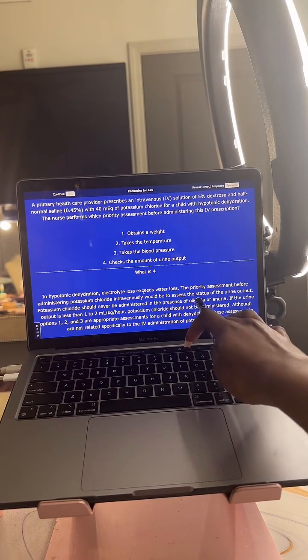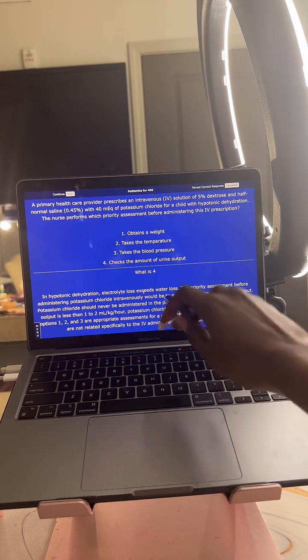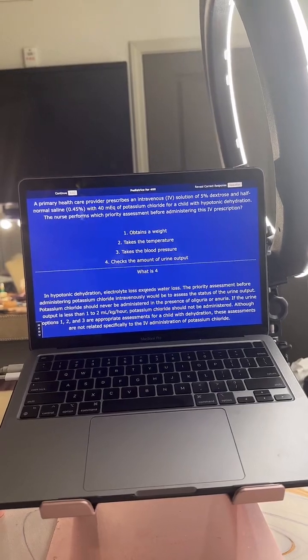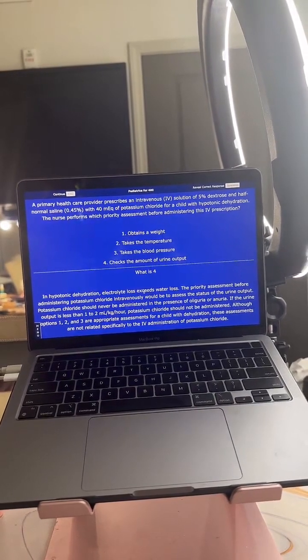Let's do this one first. Oliguria. What does that mean? Come on, prefixes, suffixes, and all that good stuff.